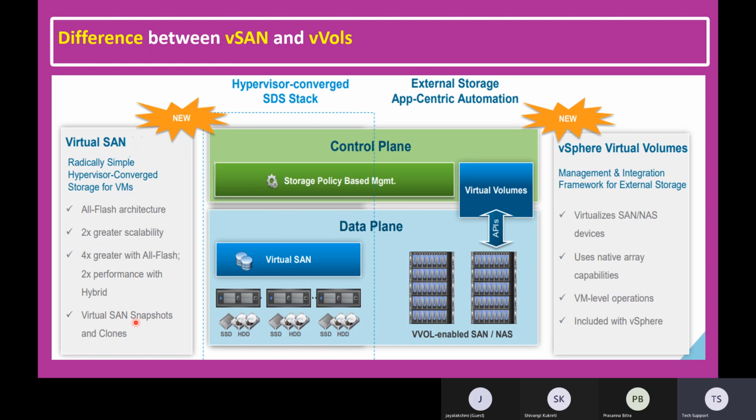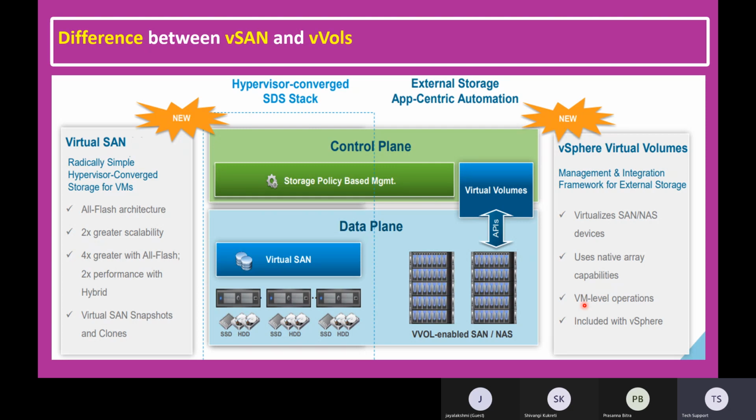Virtual SAN also supports creating virtual machine snapshots and clones. Similarly, virtual volumes use native array capability, where array means our external storage arrays. For VM-level operations, we can provide storage profiles directly at the virtual machine level. This option is available only in software-defined storage.